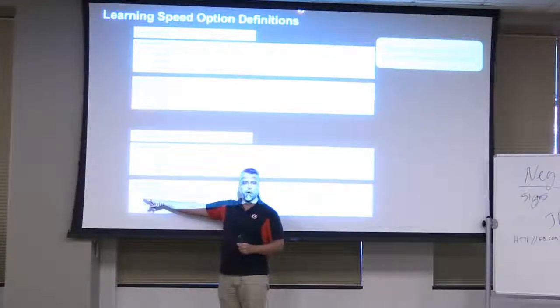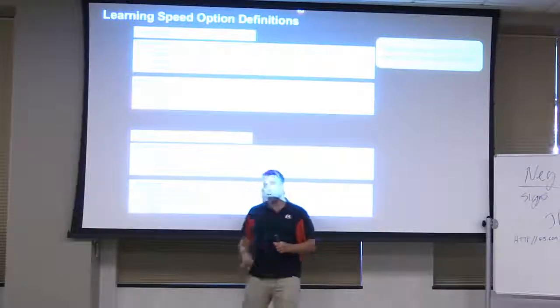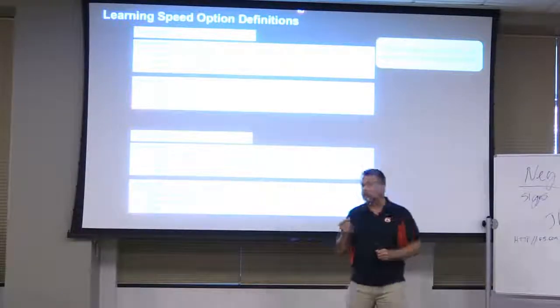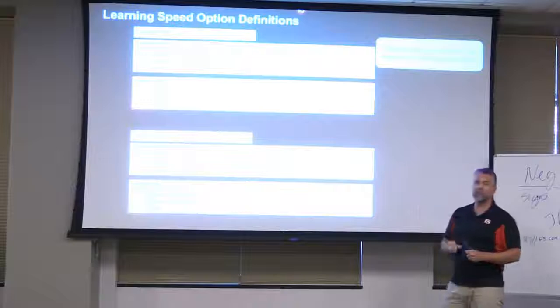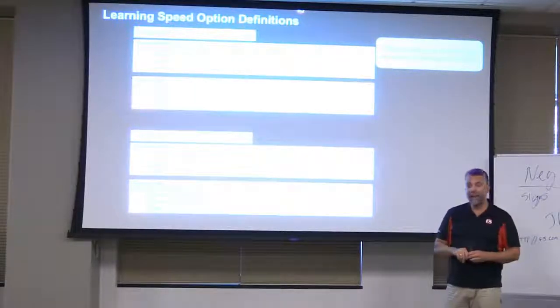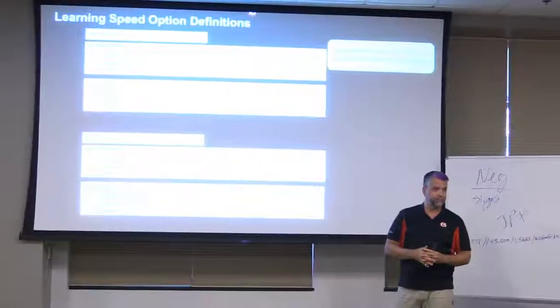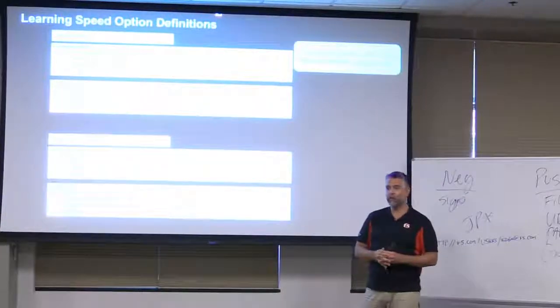You can't make 1 less than 1, and you can't make 0 less than 0. So my point here is that the learning speeds of fast, medium, and slow only affect the untrusted traffic. Only affect untrusted traffic.